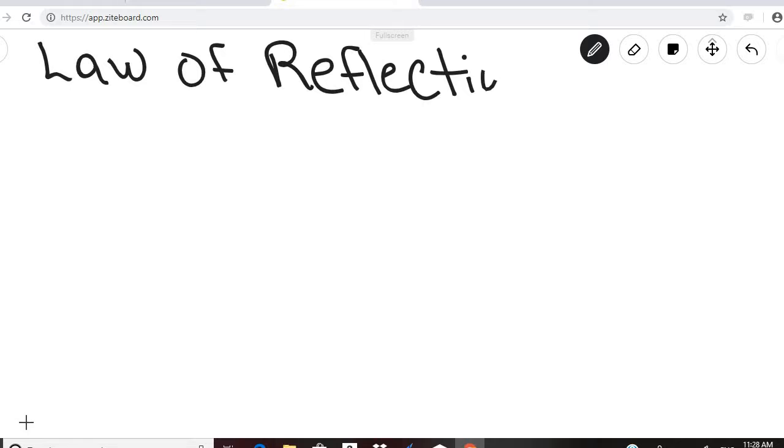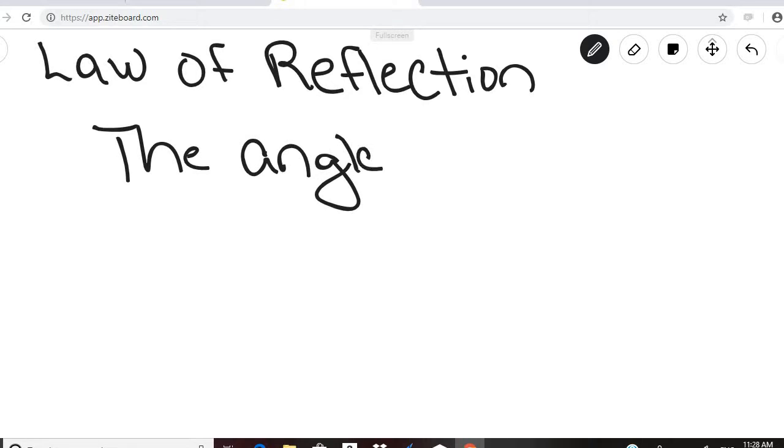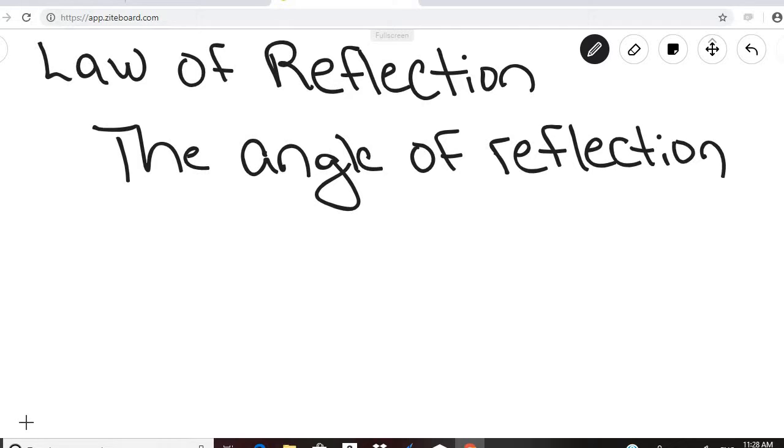And that law simply states that the angle of reflection equals the angle of incidence.